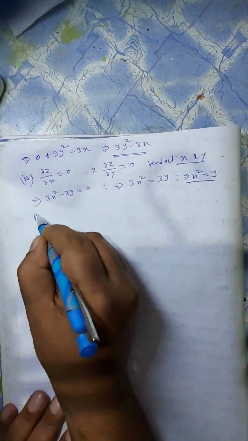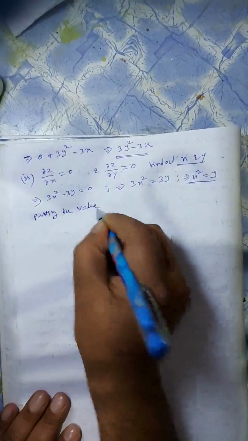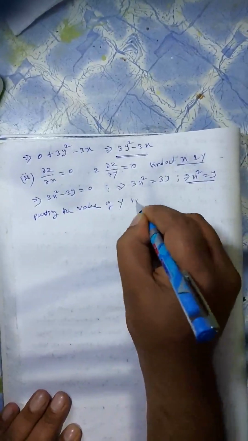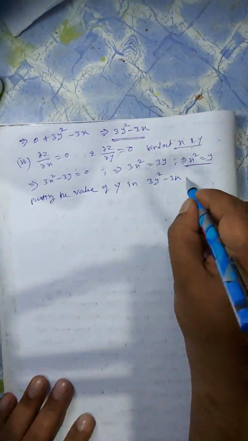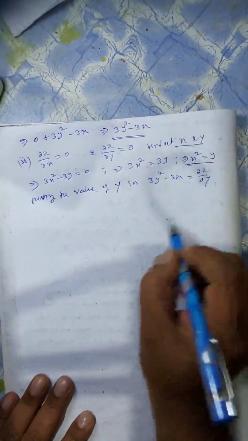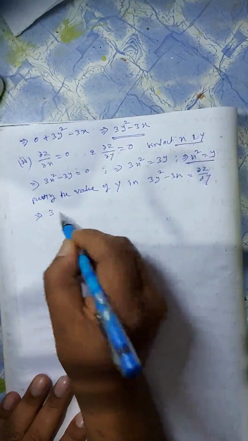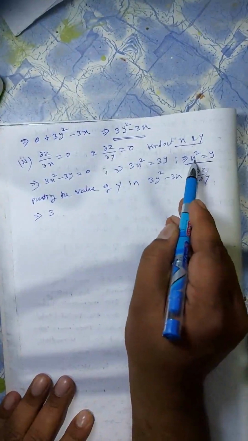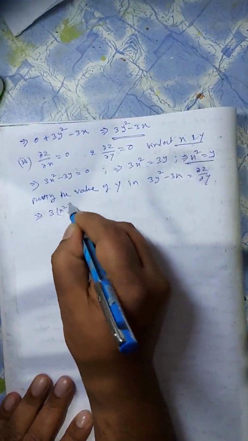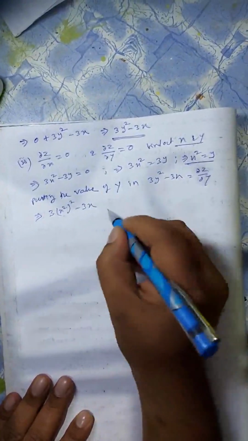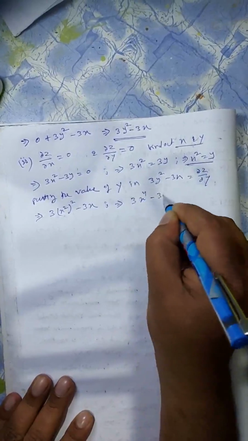Putting the value of y in 3y square minus 3x, which is equal to dou z by dou y. In place of y we put x square. That means y square means x to the power 4, minus 3x, which is equal to 3x to the power 4 minus 3x.